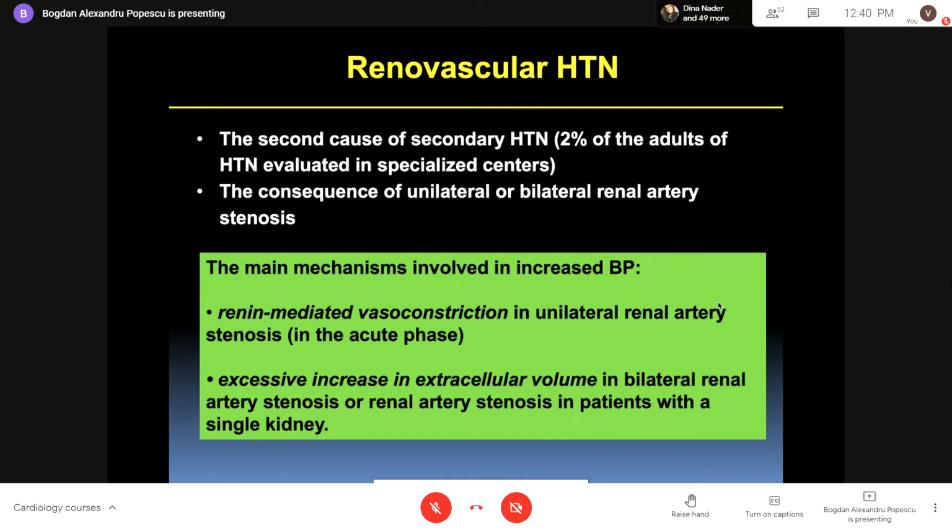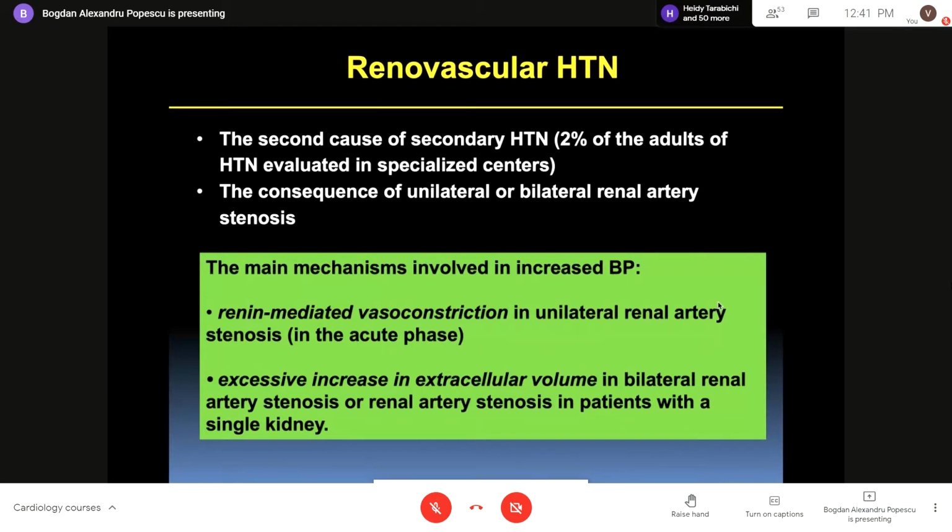The main mechanisms involved in hypertension in these cases are related either to renin-mediated vasoconstriction, if there is a unilateral renal artery stenosis, and or to the excessive increase in extracellular volume if the patient has bilateral renal artery stenosis, or unilateral renal artery stenosis but a single kidney.